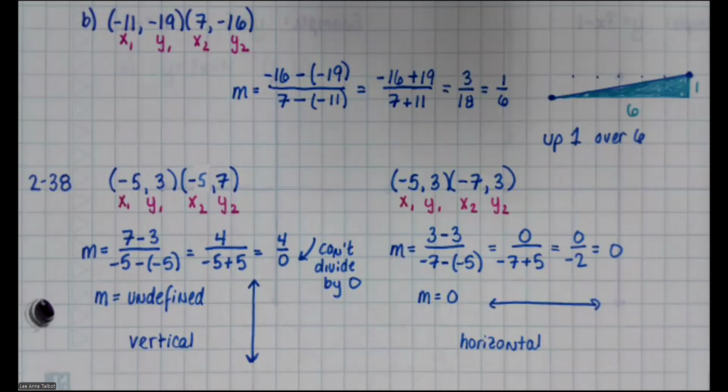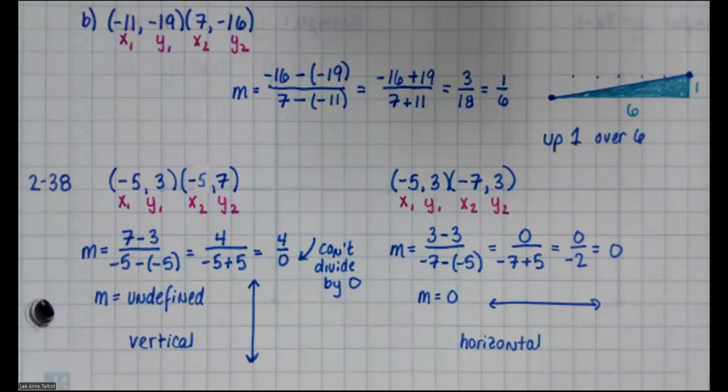You could analyze the problem from the beginning. And this one, you say, oh, the 3s match, so it's going to be horizontal, so the slope is 0. If you want to, you don't have to. You can analyze it from the start and do less work, but it's not required.